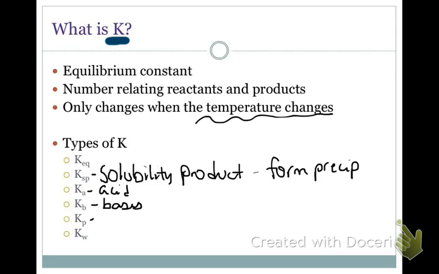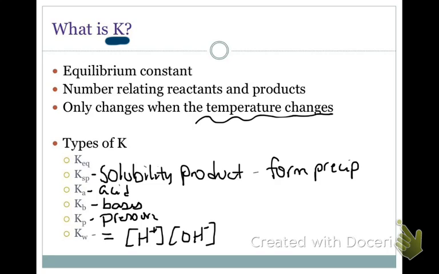Kp stands for pressure. So if you have gases in there, you'll pretty much solve for Kp. And Kw is the autoionization constant for water, which pretty much just means that you have H plus and OH minus. We've seen this before when we talked about pH for acids and bases.